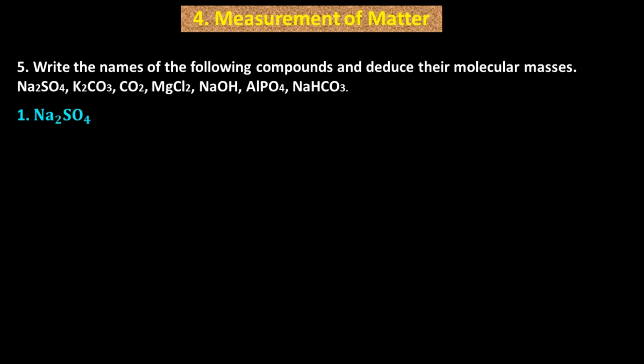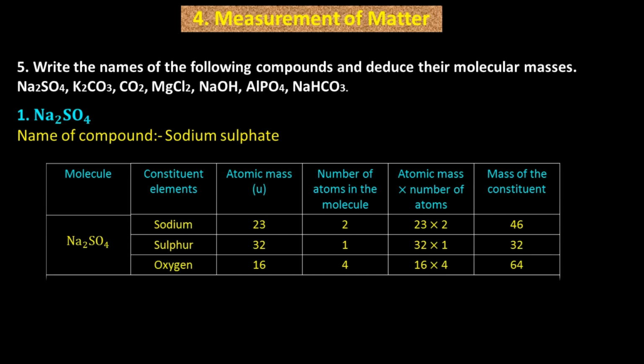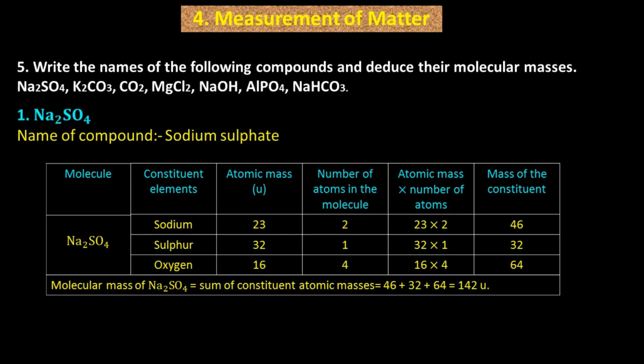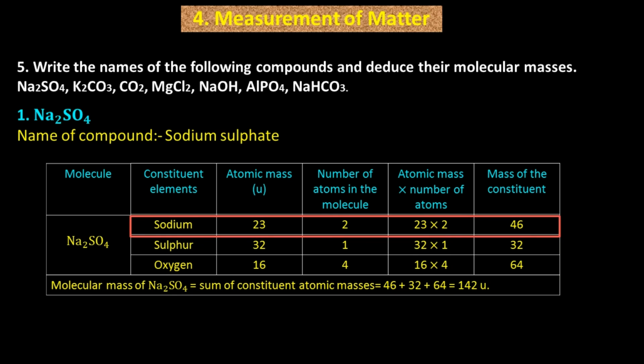1. Na2SO4. Name of compound is sodium sulfate. So molecule is Na2SO4, molecular formula. Sodium, atomic mass of it is 23. So there are 2 atoms, therefore 23 multiplied by 2 is equal to 46.